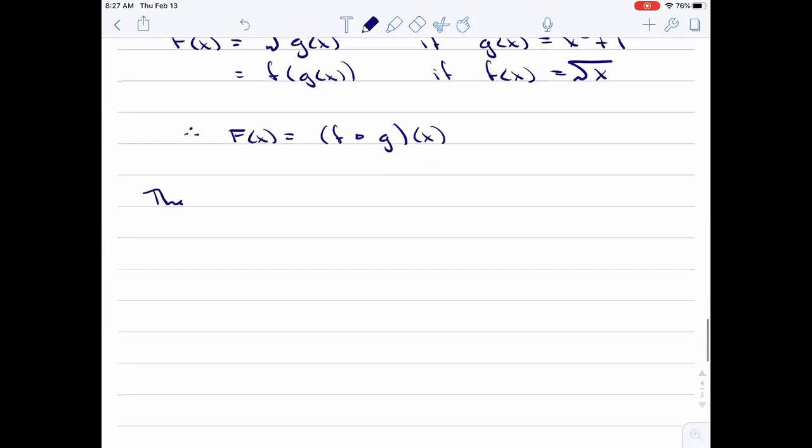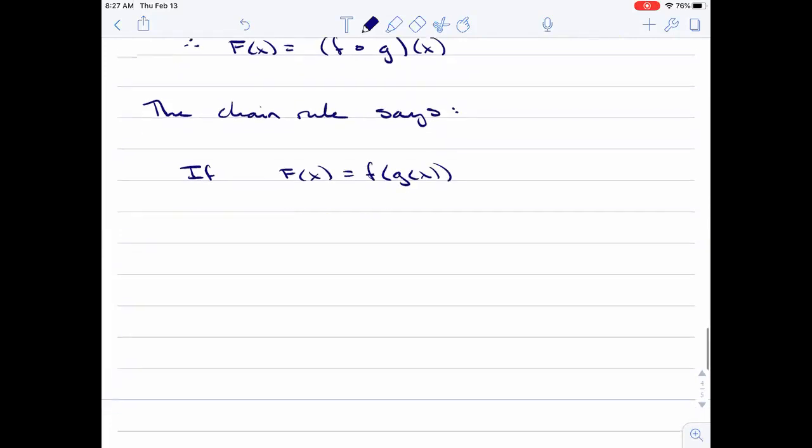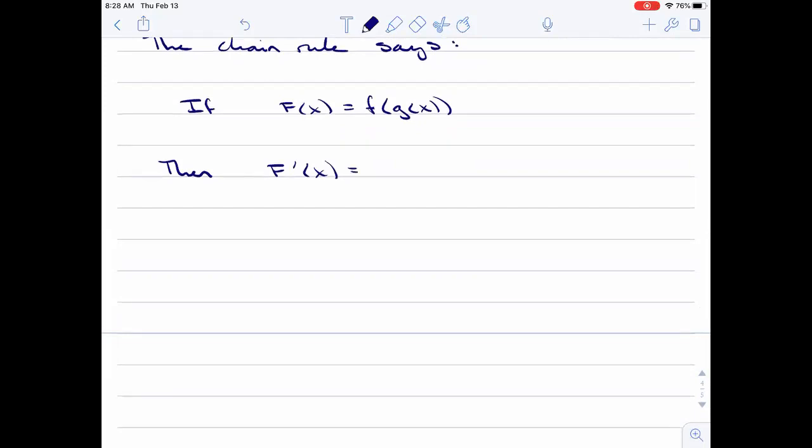But essentially the chain rule says that if f of x is a composite function, f of g of x, then the derivative of that function, f prime of x, is going to be the derivative of the outside, f prime, leaving g of x inside, times g prime of x.